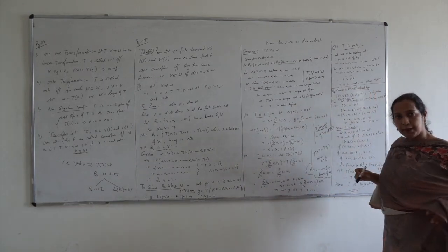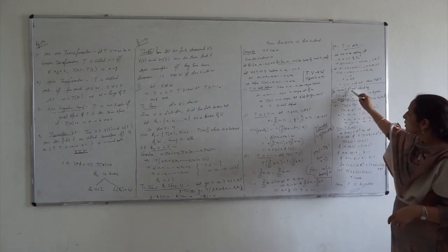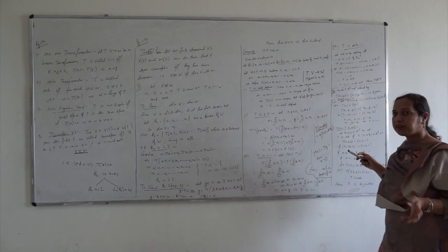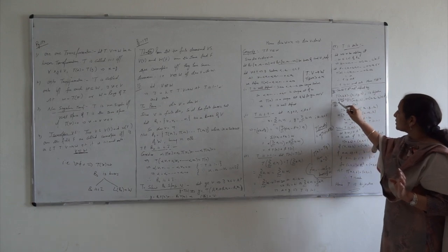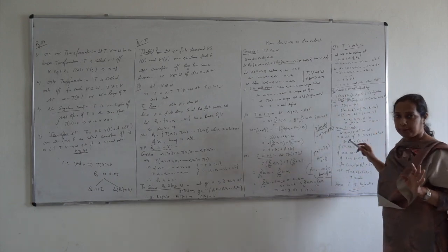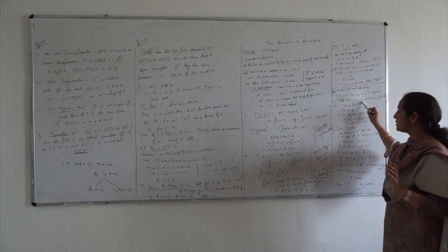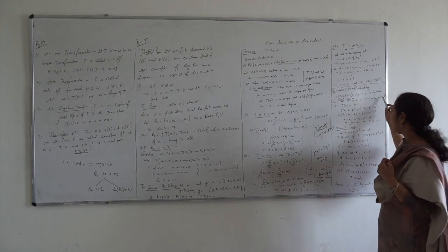Now we take an example of 1-1 and onto. Show that T, a transformation from R3 to R3 defined by this, is bijective. Bijective means 1-1 and onto both. Solution. Firstly, we will prove T is a 1-1 mapping. Let u is equal to (x1, y1, z1), v is equal to (x2, y2, z2), two elements of R3.